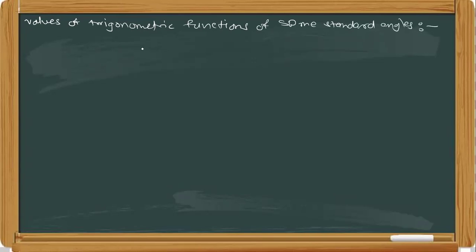So what are the standard angles that we have defined? 0 degree, then 30 degree, then 45 degree, then 60 degree, and then 90 degree.